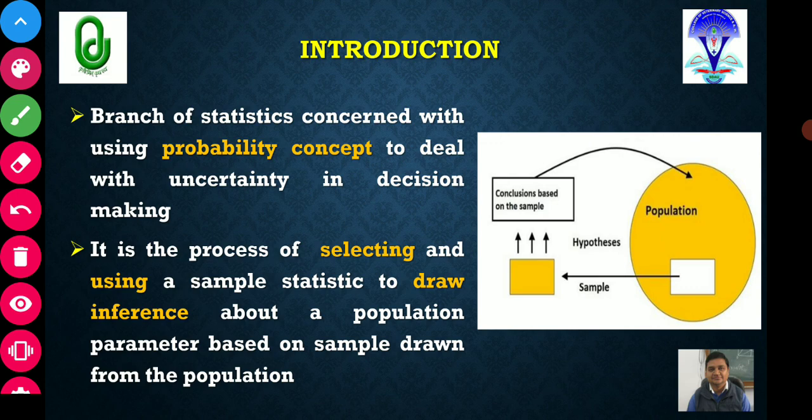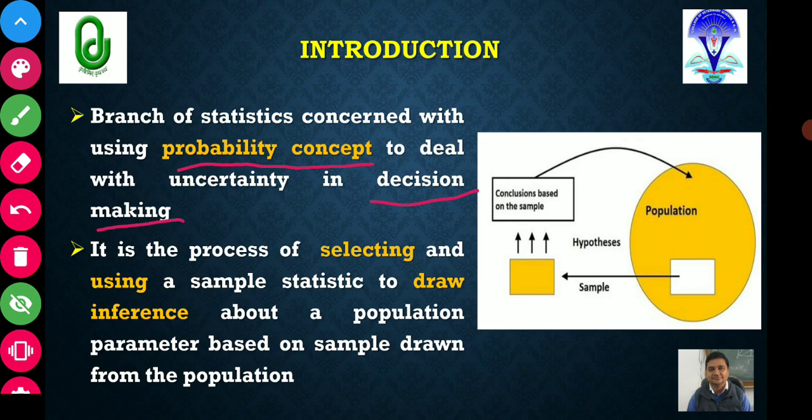So what is statistical inference? It is a branch of statistics concerned with using probability concepts. In this branch of statistics, we are using the concept of probability to deal with uncertainty in decision making. Whenever we have to take a decision, there will be a certain kind of uncertainty.